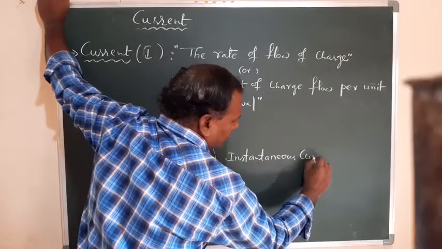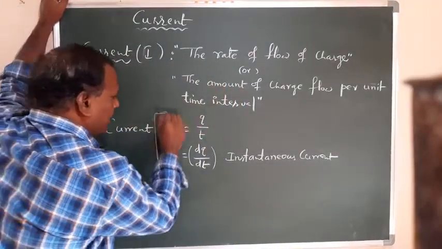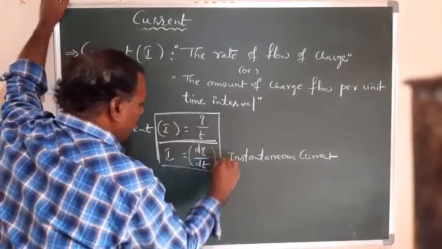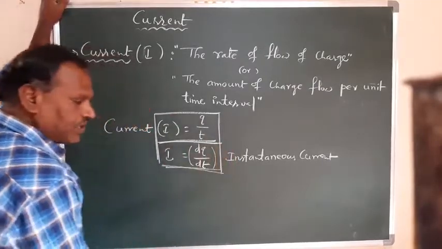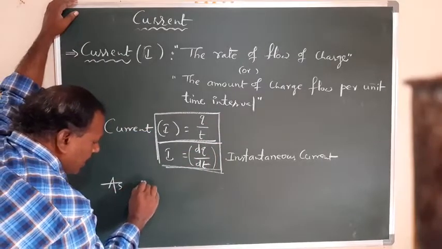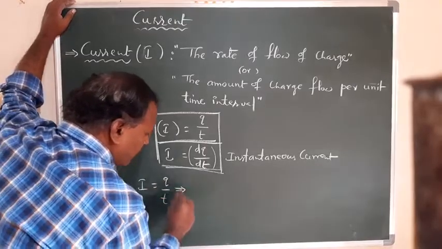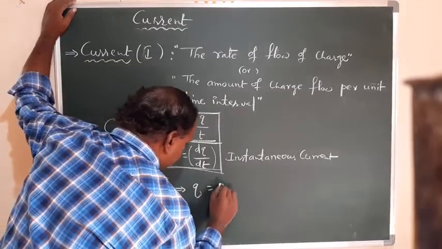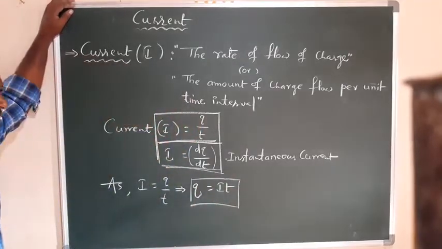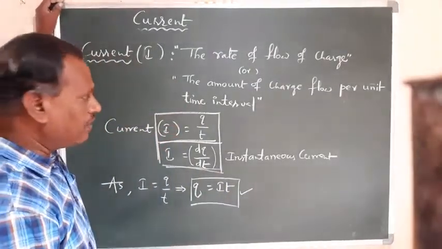So this is the equation for current: Q by t, or dQ by dt. From I equals Q by t, you can calculate the charge also. Q equals I t. So charge can also be written as current into time period.